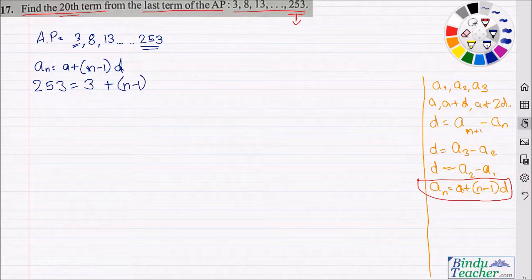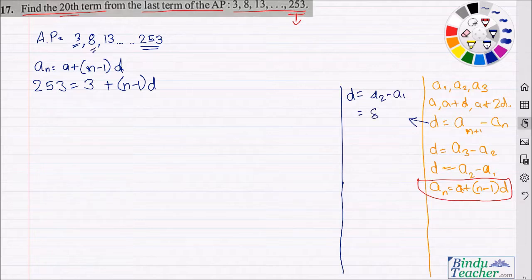Now the value of D. We can calculate D here using this formula. I'll write D equals, let's say, A2 minus A1. Here the value of A2 is 8 minus the value of A1, which is 3, which gives me 5.